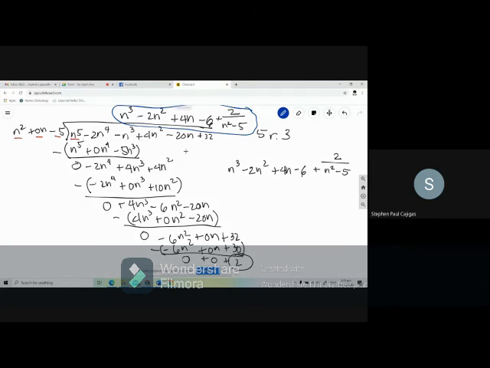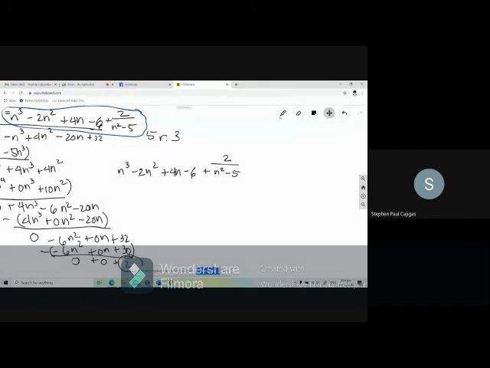I will leave the multiplication to you. You can check. When you multiply the last term, 2 over n squared minus 5, times n squared minus 5, it becomes just 2.